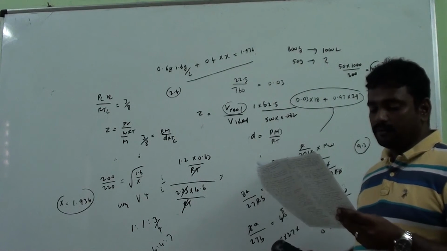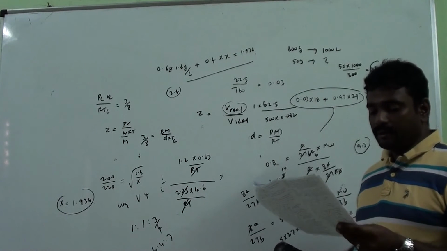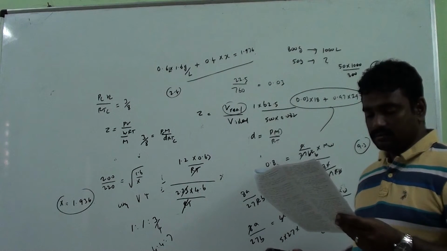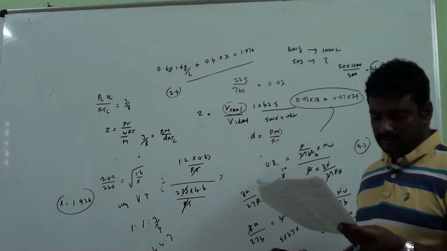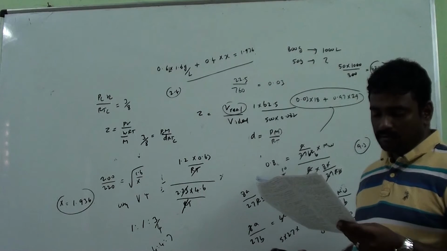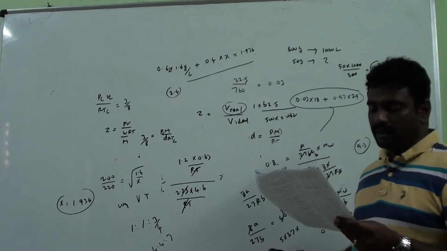So 1 atmosphere, 0.96. The nb term we can neglect, because the volume of the molecules is neglected. Find the van der Waals constant.